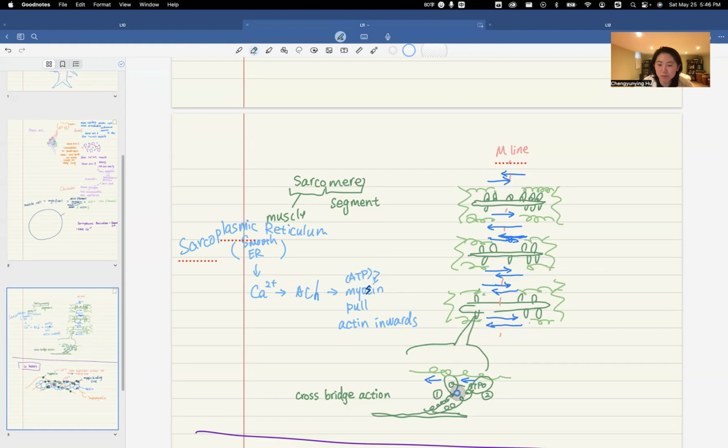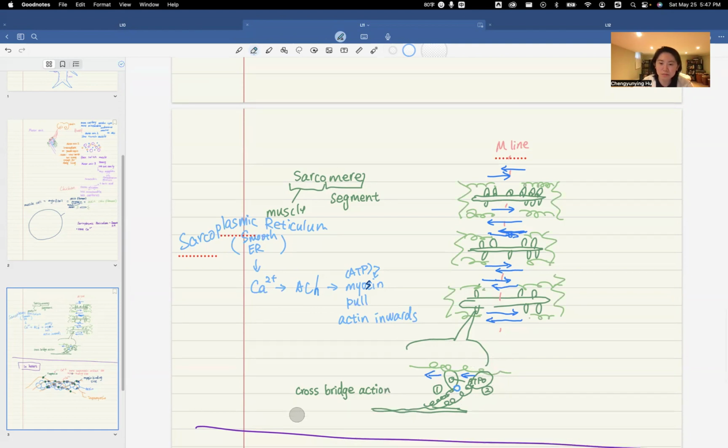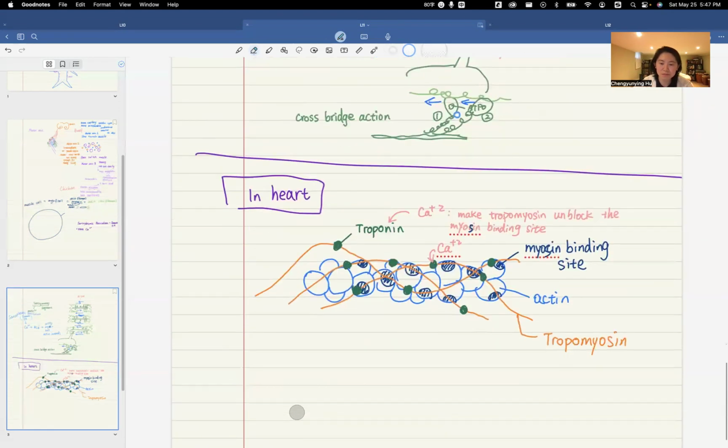The blue circle is the ATP, and when it binds to the myosin, it gives it power to swipe the actin towards where we want. We perform contraction, and this swiping movement is called cross-bridge action.